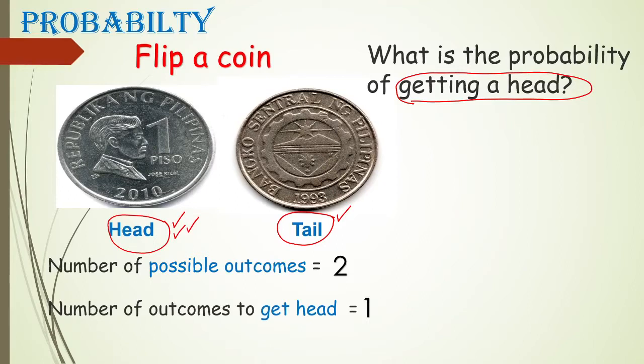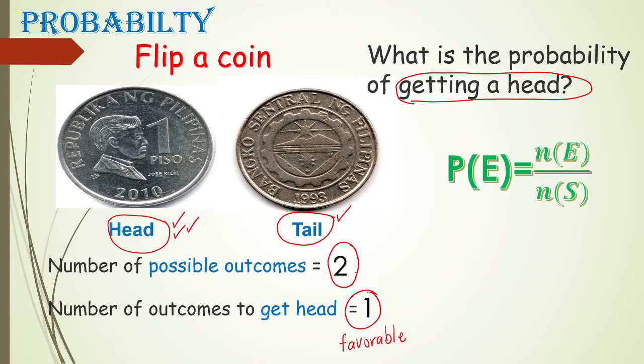So take note of the formula. 1 is the favorable outcome. This one over here. This is our favorable outcome. And this will be the numerator. The total number of outcomes is simply the denominator. So the probability is simply, this one is the favorable outcome.